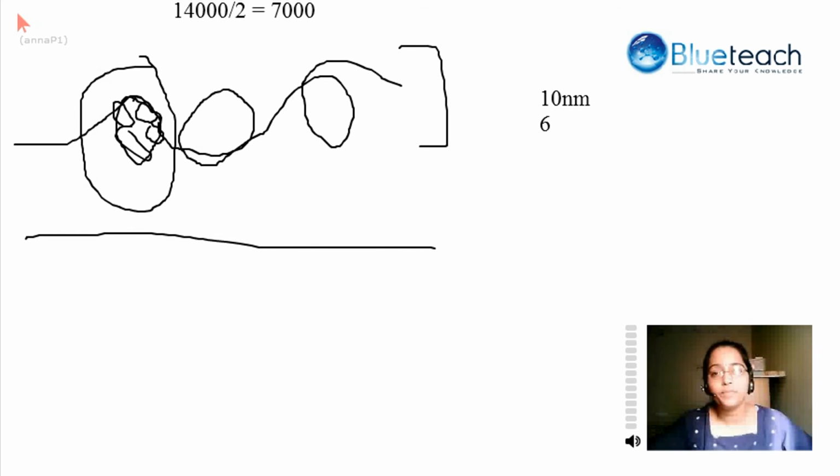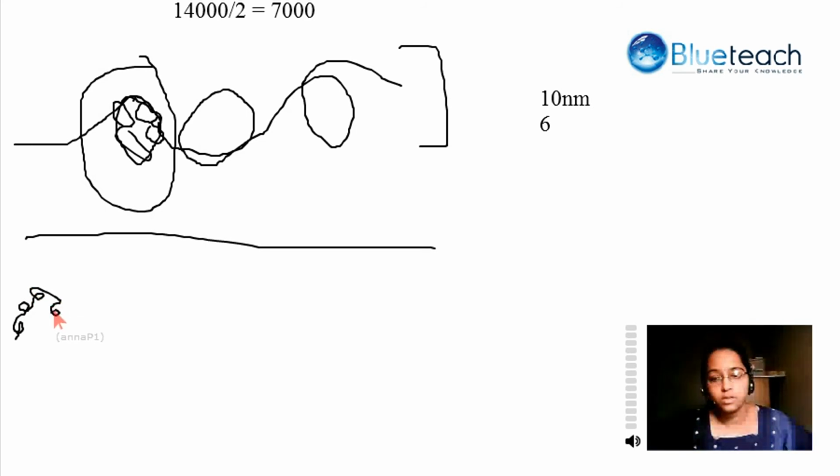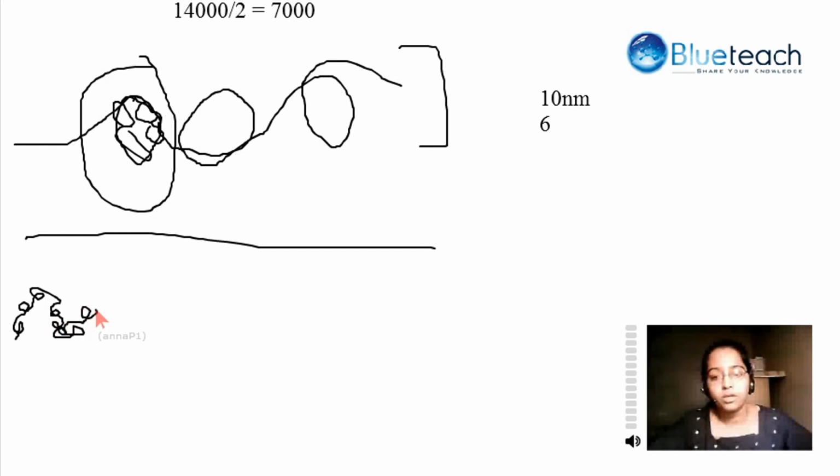Now slowly the DNA starts coiling like this. 6 nucleosomes per coil get coiled.